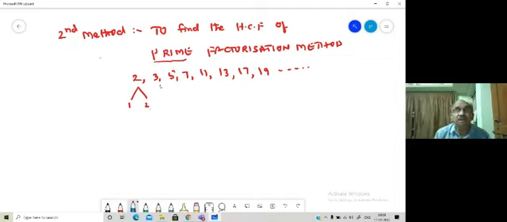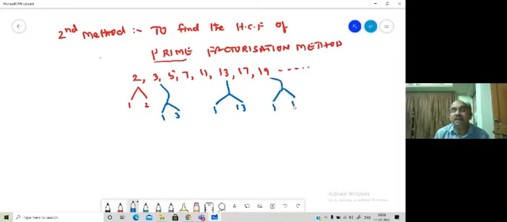The factors of 3 are 1 into 3 only. The factors of 13 are 1 into 13 only, no other factors. The factors of 19 are 1 into 19. So a number having only the factors 1 and itself is a prime number.